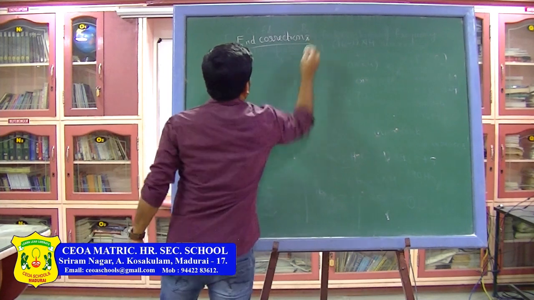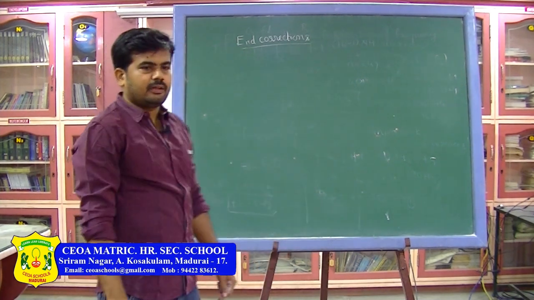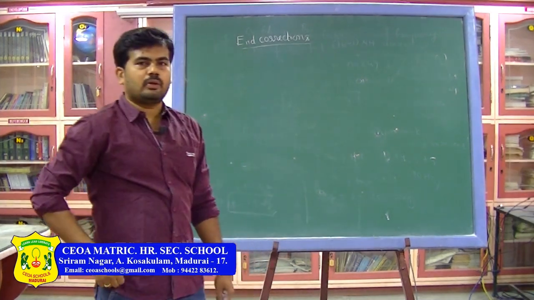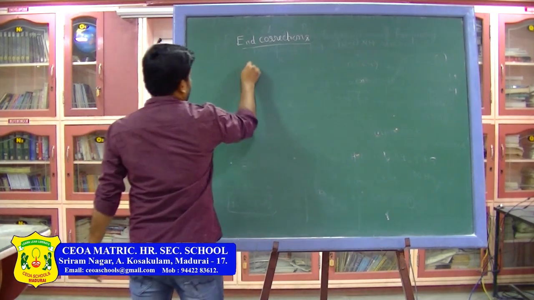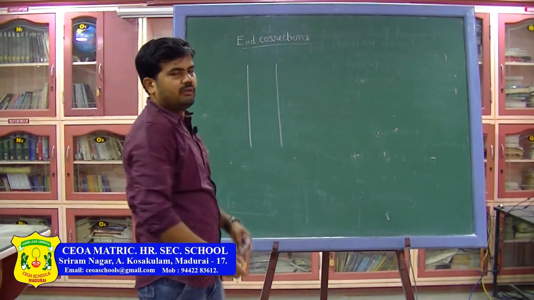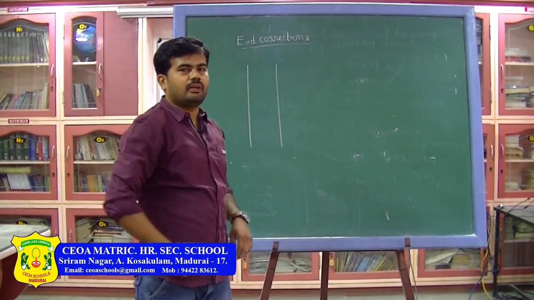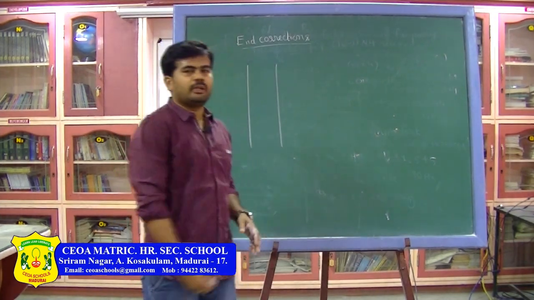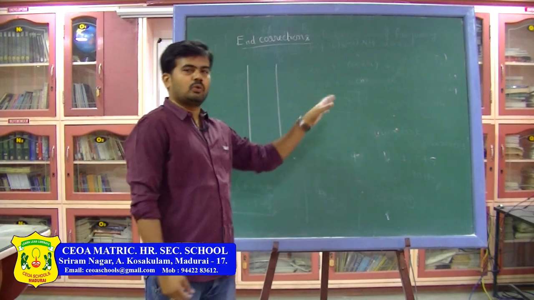So, if you consider the open pipe or closed pipe, I told you that at the open end always an antinode will form, and at the closed end always a node will form in case of open and closed pipes.